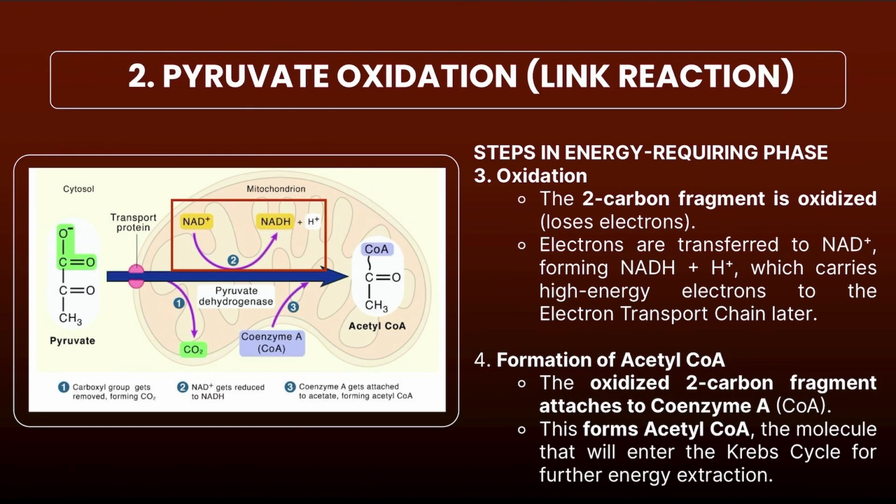The NADH molecule will carry the high energy electrons into the electron transport chain, which will eventually help to generate ATP. So this oxidation process not only prepares the pyruvate for the Krebs cycle, but also captures energy for later use.